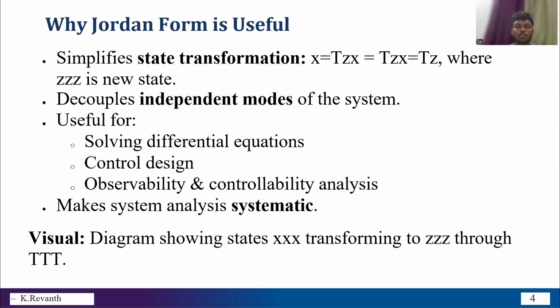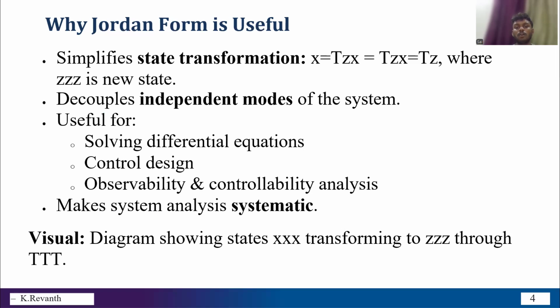But once we transform the system into Jordan form, it becomes almost decoupled, meaning each part of the system can be studied independently. This helps in several ways. Solving differential equations becomes simpler because each Jordan block can be handled separately.